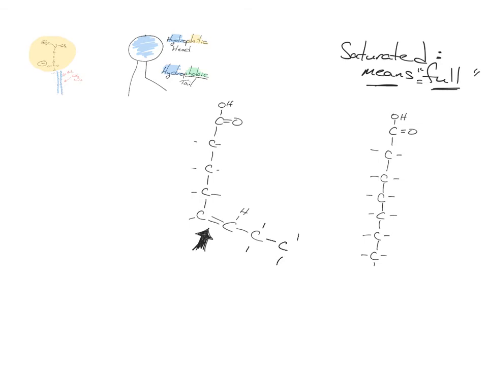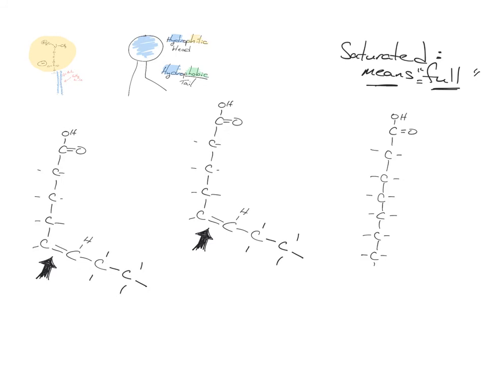And if you have more than one unsaturated carbon, then you have a what? Oversaturated? I don't know. A good guess. This thing is called a saturated fatty acid, all right? That's a saturated fatty acid.